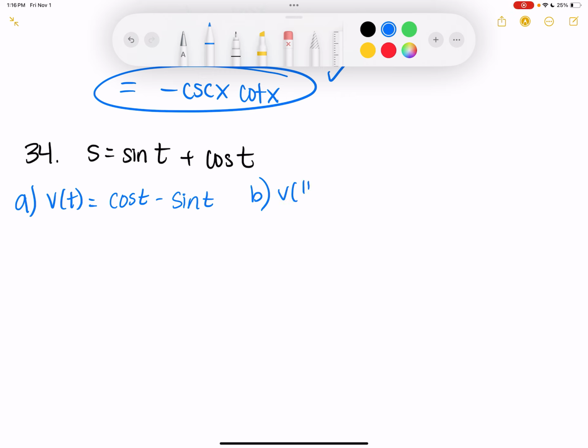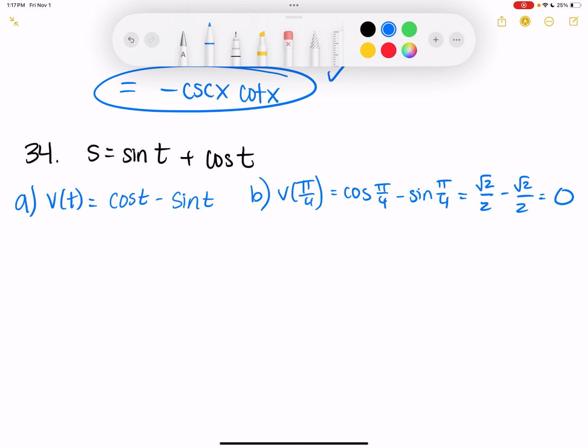So v of pi over 4: cosine of pi over 4 minus sine of pi over 4. Cosine of pi over 4 is root 2 over 2. Sine of pi over 4 is root 2 over 2. So it is 0. There's no velocity.